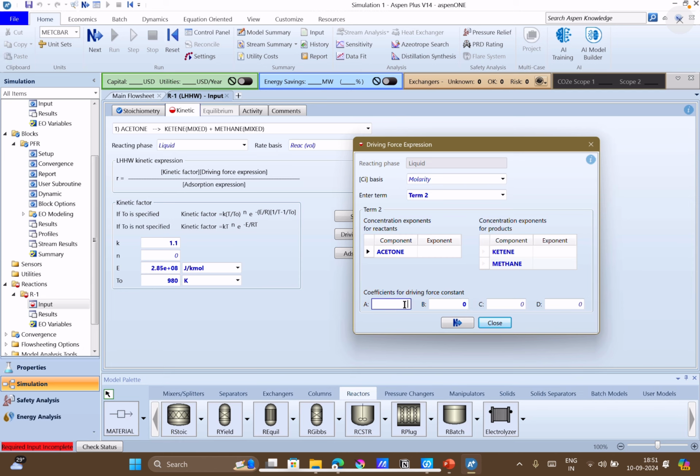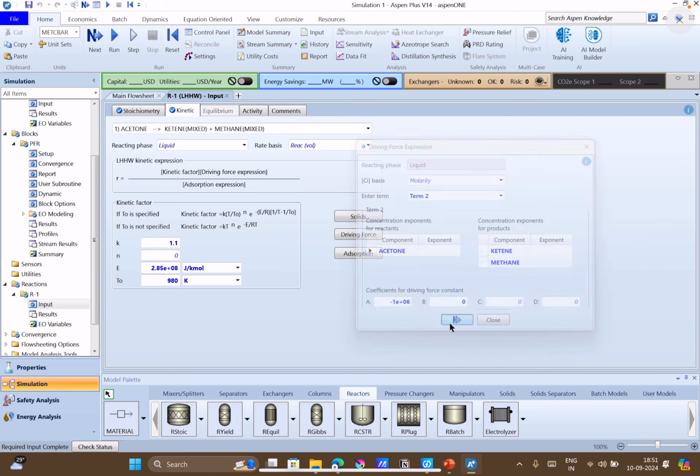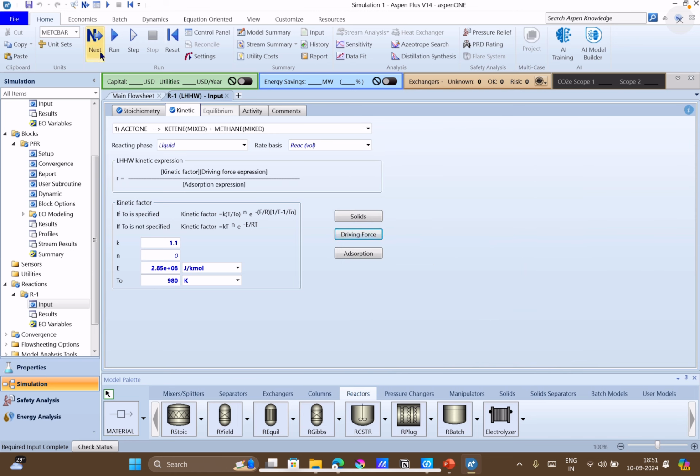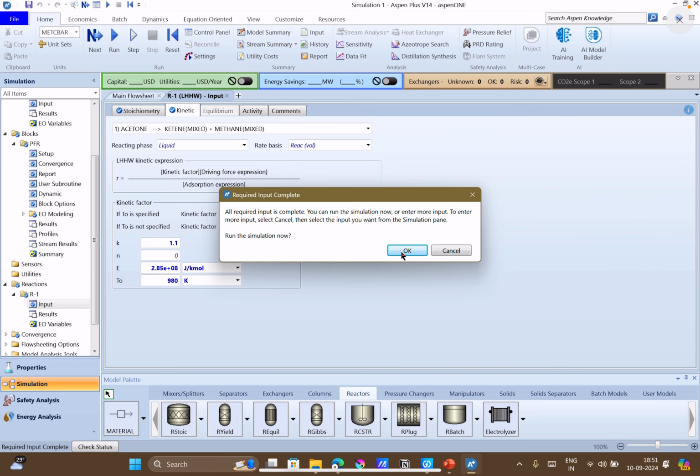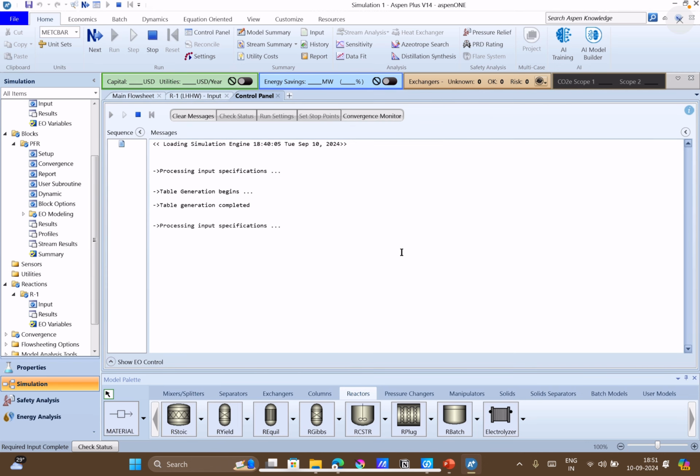It has nothing to do with any process aspect or the simulation aspect, but the way the method works. Okay, so let's provide some high value of -1 into 10 to the power 6. Okay, next. All the inputs are complete. Let's run the simulation and see what results we are getting.